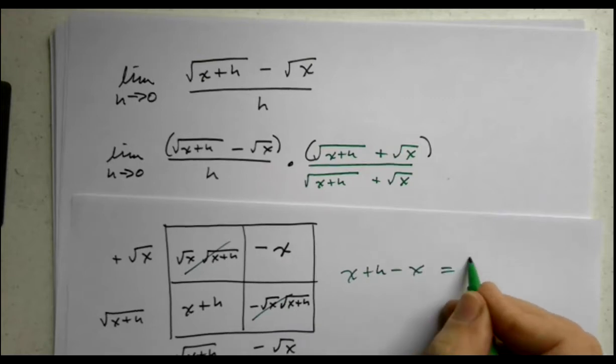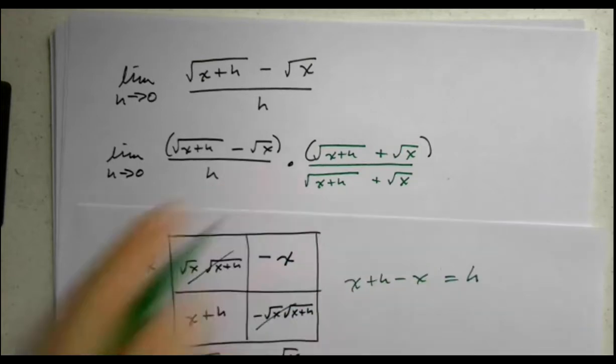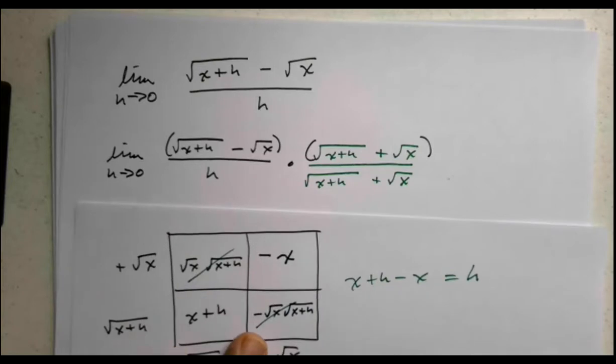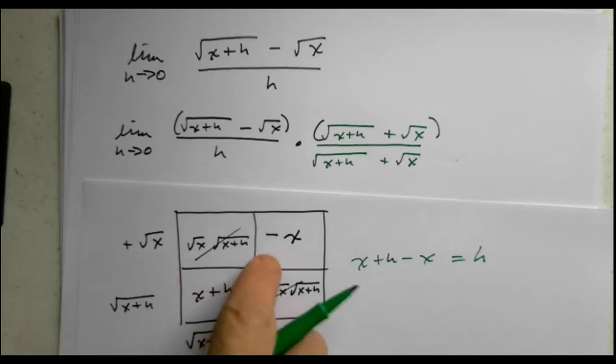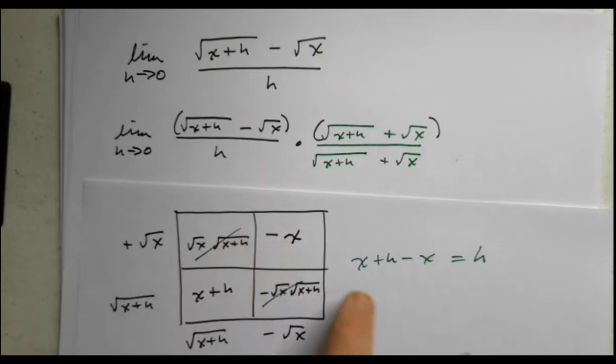So upstairs, the result is just h, and notice that will divide out nicely with the piece over here again. Negative root x times positive root x is negative x always. x plus h minus x is h. So upstairs is h.